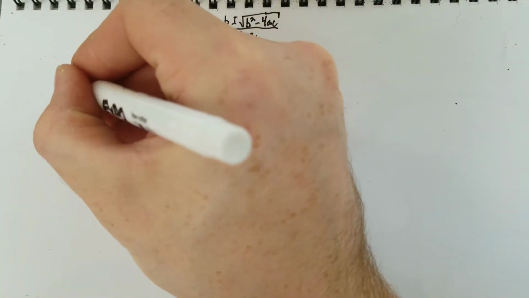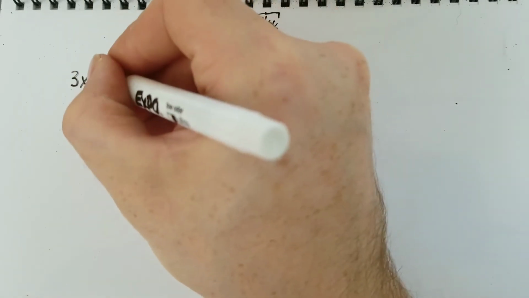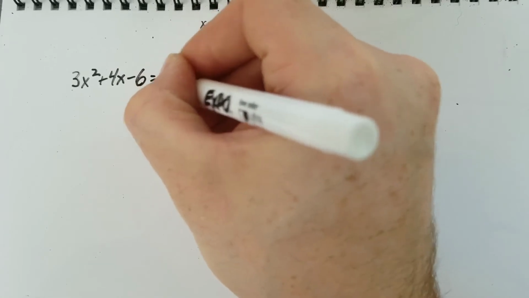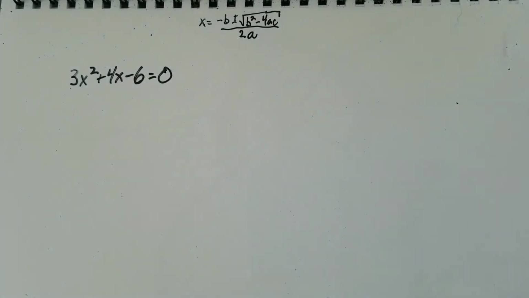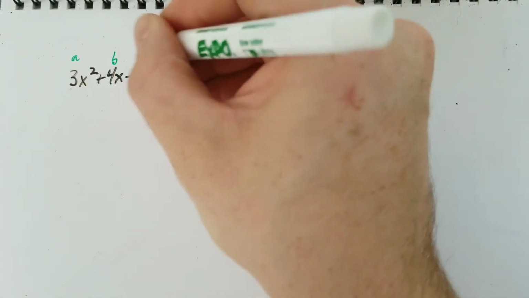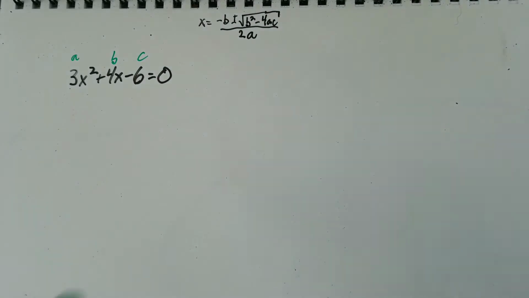The next one I'm going to do is 3x squared plus 4x minus 6 equals 0. Again, we have our A term, our B term, and our C term. And again, don't forget to bring the signs when you plug it into the formula.